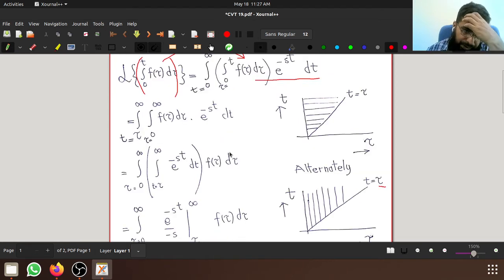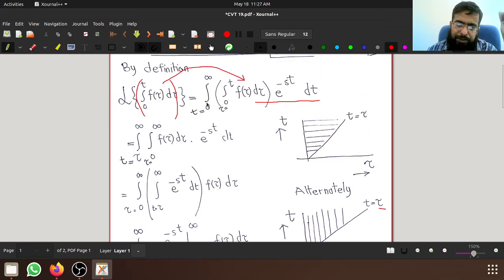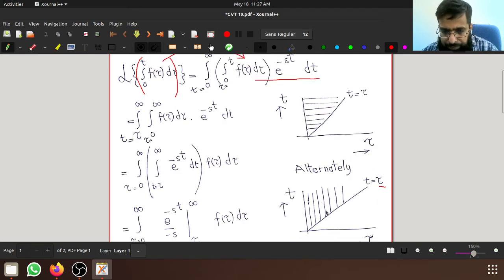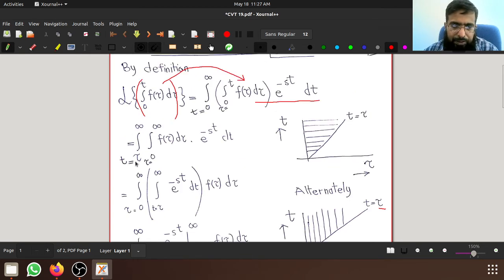So what we have done is represent this integral in another form. The thing written inside can also be rearranged, but the important thing is that we have represented this area with the help of vertical lines instead of horizontal lines, and for that we have changed the limits of these two integrals.